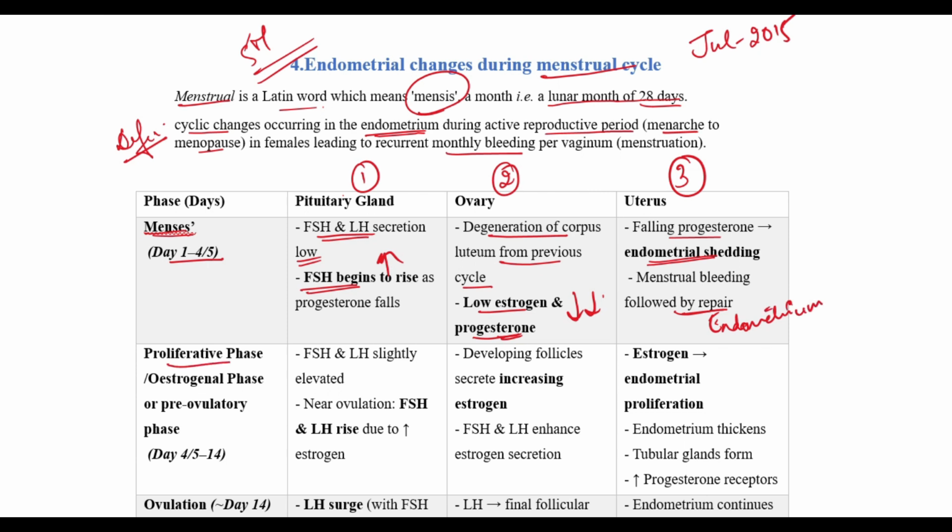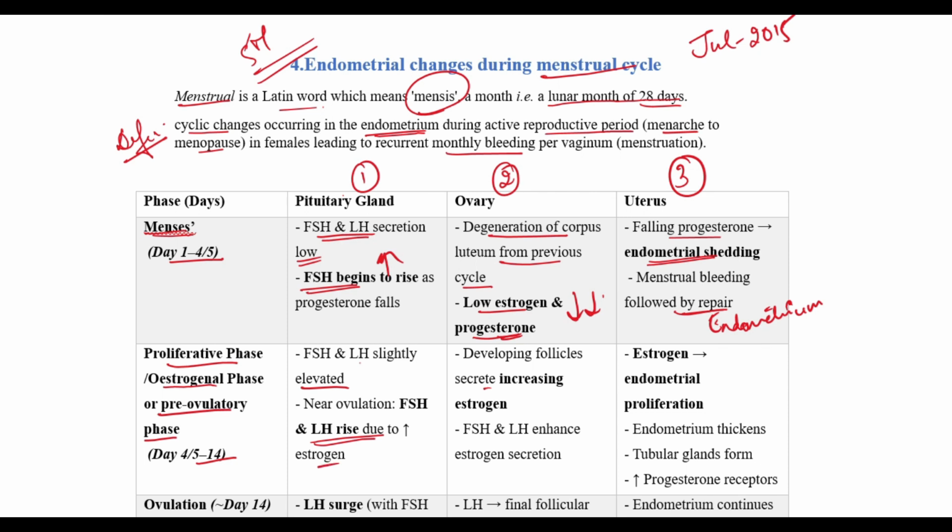The next we have the proliferative phase, the estrogenal phase, or the pre-ovulatory phase. This lasts from the 4th or 5th day to the 14th day. Here the follicular stimulating hormone and the luteinizing hormone are slightly elevated. During ovulation, there is a marked increase in the luteinizing hormone because of the increase in the estrogen.